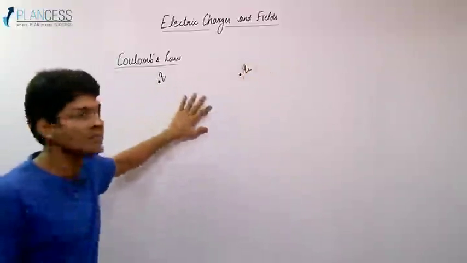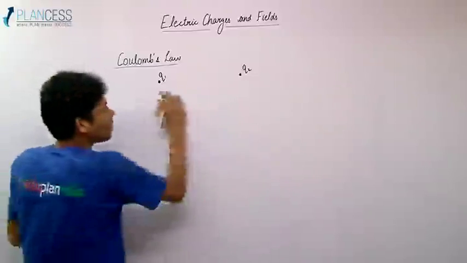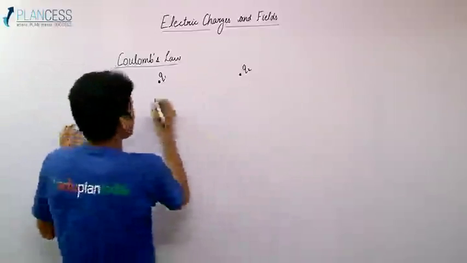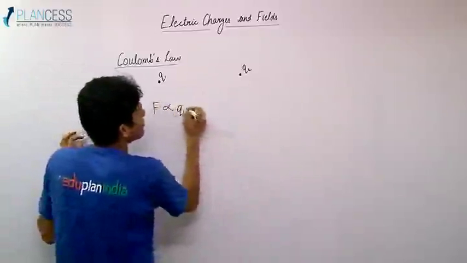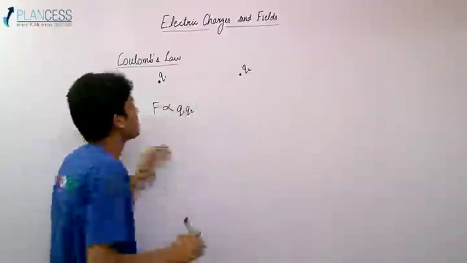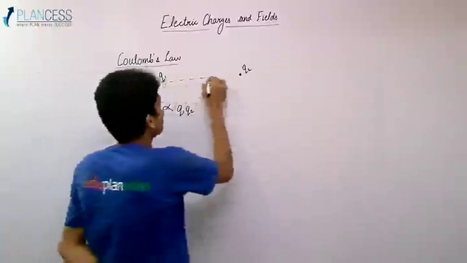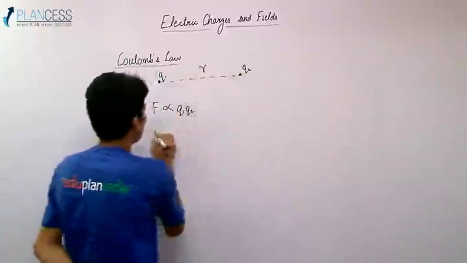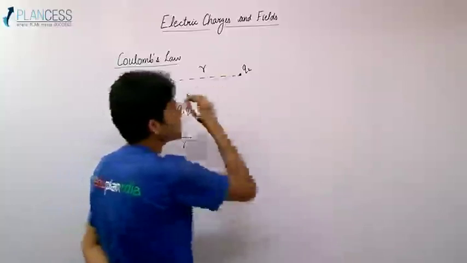Currently, for the sake of simplicity, they are kept in vacuum. The force between them is directly proportional to the product of the two charges, the product of the charges that the two bodies carry. And let's say if the distance is r, the force is inversely proportional to the square of the distance between them.